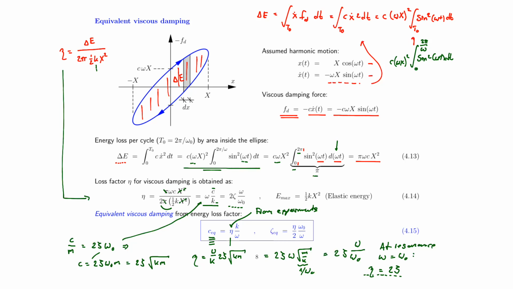So in many cases, you know the loss factor, and then you would like to obtain an equivalent viscous parameter, because that would allow you to use linear solution techniques like the frequency response function, such as time integration with linear systems. You'll have solutions for free damped vibrations where you can analyze the response of a structure, but it all depends on you obtaining a viscous coefficient.